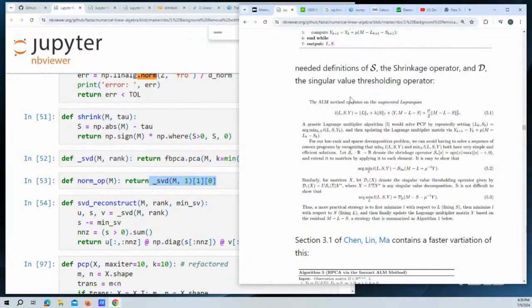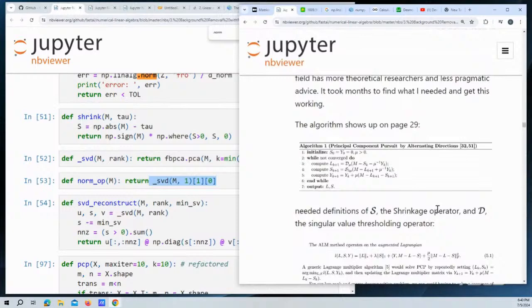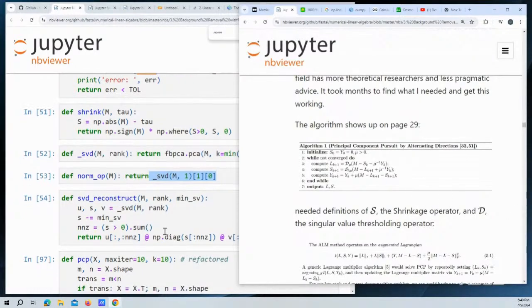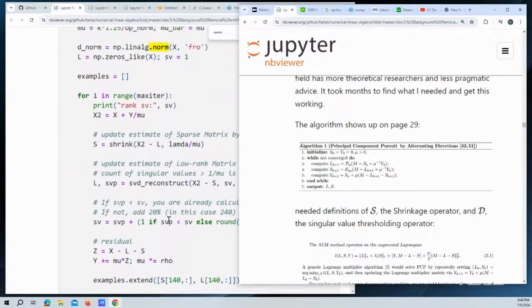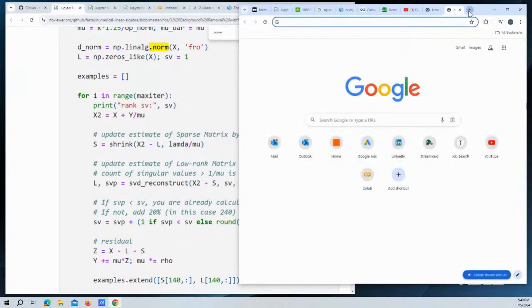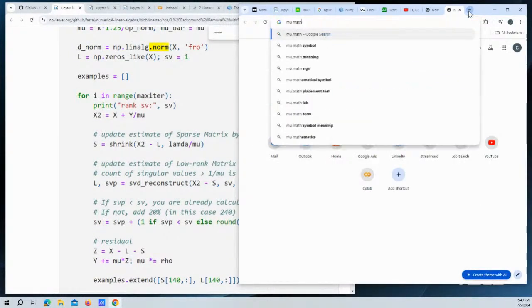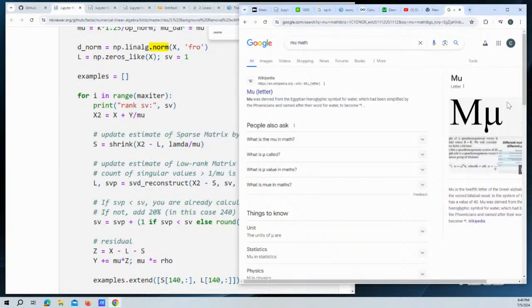We're going to figure this out. Kind of. So this is mu. I believe that's mu. Yeah, mu. Okay.